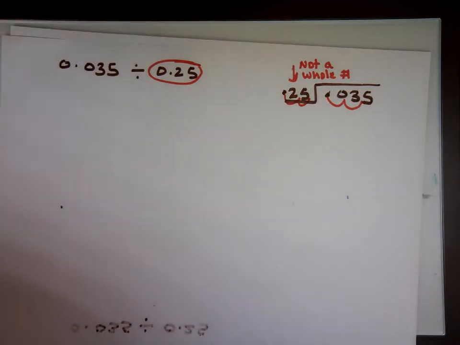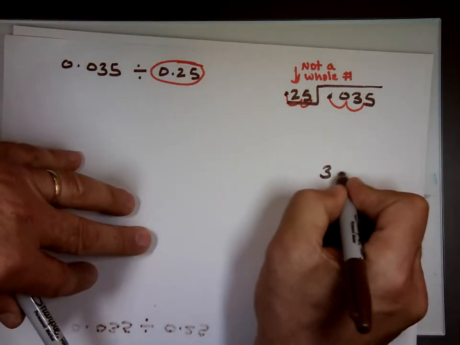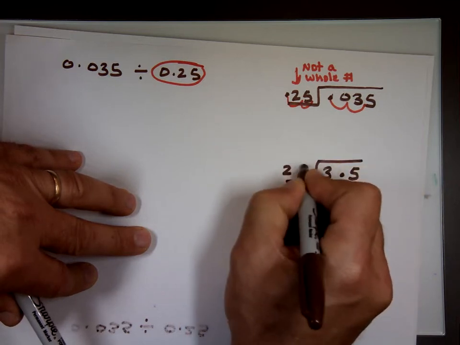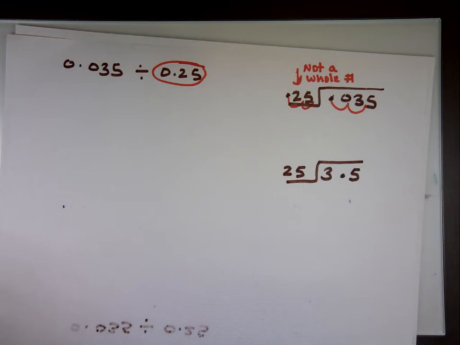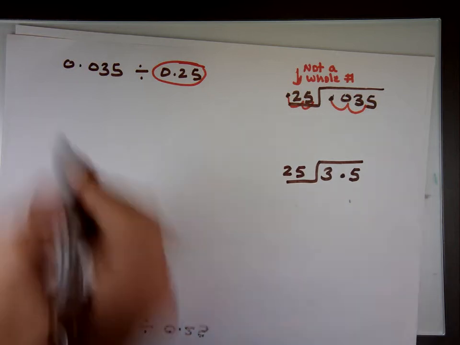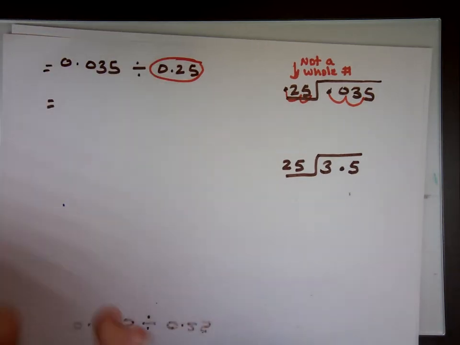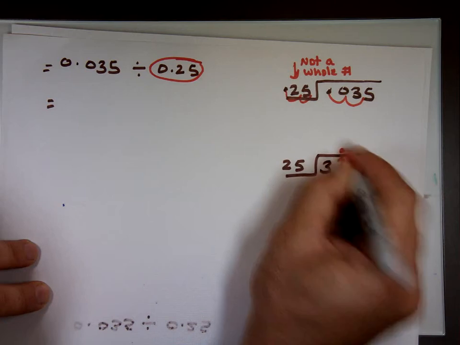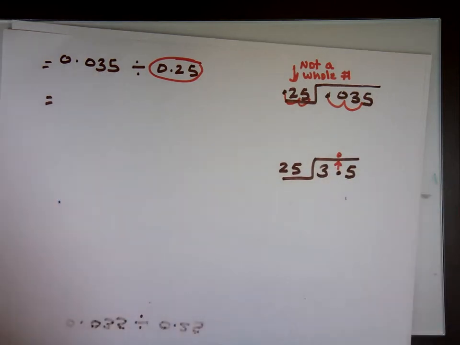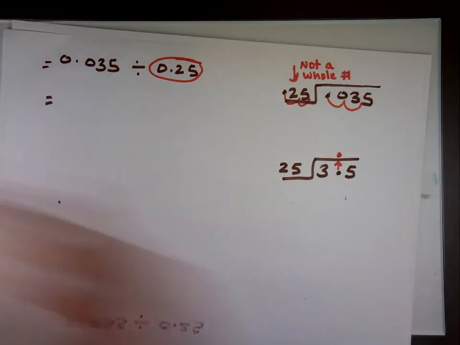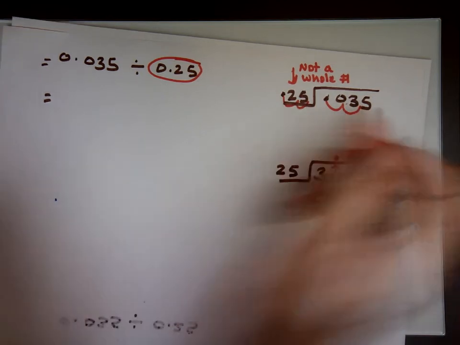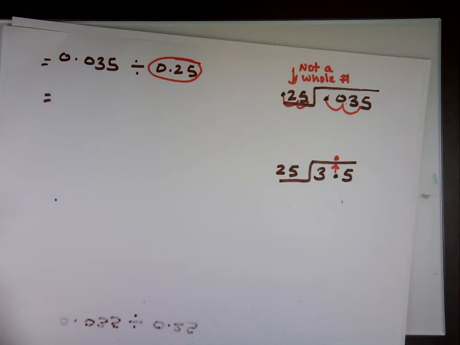So the question becomes, what is 3.5 divided by what? 25. Excuse me. Yes. With the 0 in front of the 3. When you are moving 2 places, you don't count them? I did. 1, 2. Yeah, you can't ignore that 0.